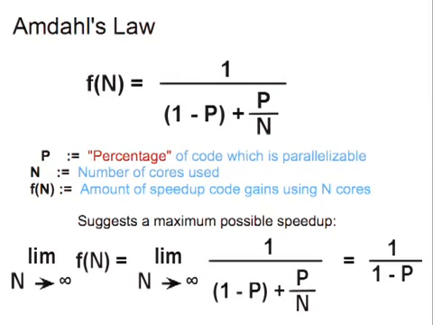And more to the point, this is actually the dismal part of Amdahl's law: if we had infinite cores, a gazillion of them, if we take n to go to infinity, then p over n drops out, and if we've only got 80% of our code parallelizable, we're left with the maximum possible speed up of 1 over (1 minus 80%), or 1 over 20%, or 5x speed up. Best we can do. Amdahl's law.